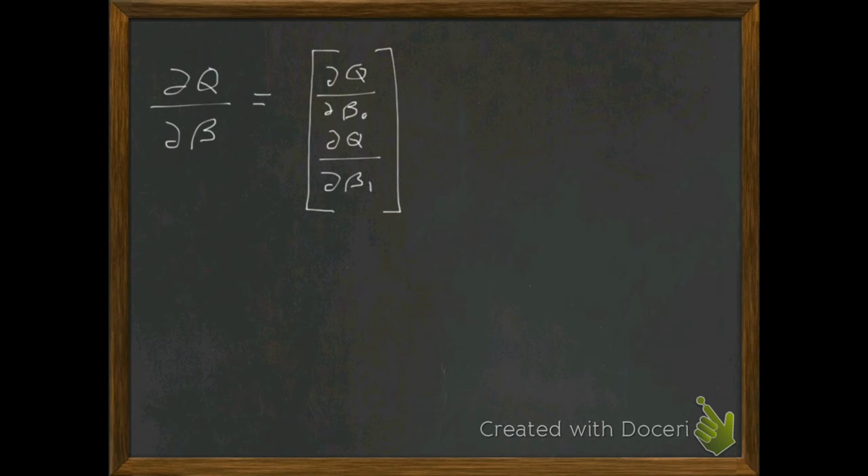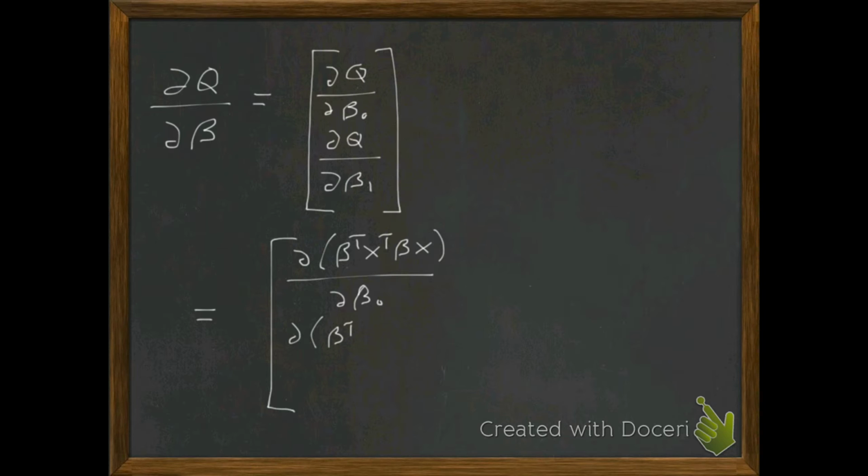So ultimately what I need to do here is take the partial of beta transpose X transpose X beta with respect to beta 0, and the partial of beta transpose X transpose X beta with respect to beta 1.